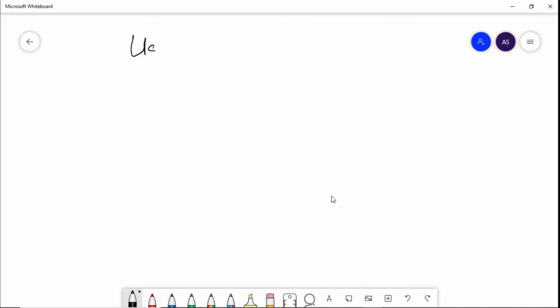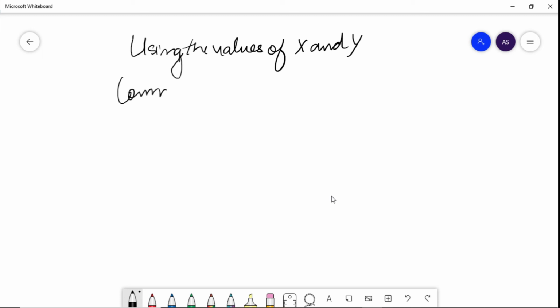Using the values of x and y in the command window, first we enter the command that we want to use, which is capital L. You press enter.